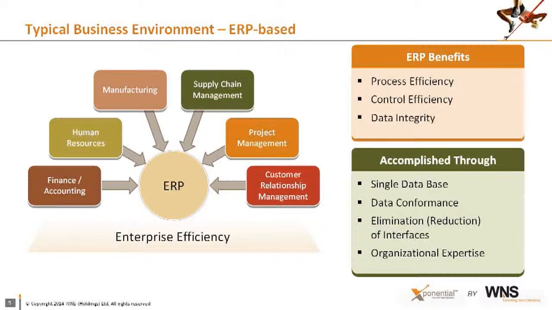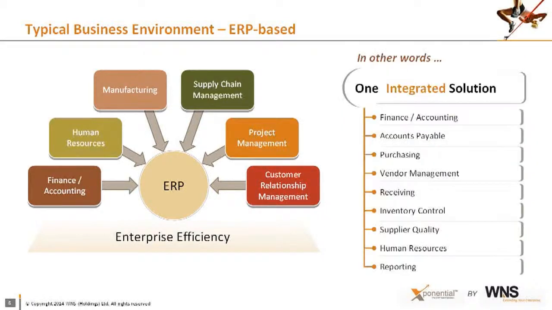You've done that to improve your process efficiencies, your control efficiencies, the integrity of your data. Because within your ERP, you have your finance and accounting, your supply chain, your project management, human resources. All of those things are wrapped up in your ERP. So you have an integrated solution for your finance and accounting, your accounts payable. All of those things are integrated inside of your ERP.